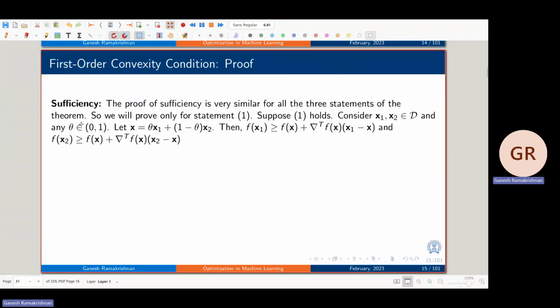I'm just going step by step. f of x1 is greater than or equal to f of x plus gradient transpose times x1 minus x, at point x1. Likewise, f of x2 is greater than or equal to f of x plus gradient transpose times x2 minus x. And then what do I do? Adding theta times the first inequality and 1 minus theta times the second inequality, what do you get?